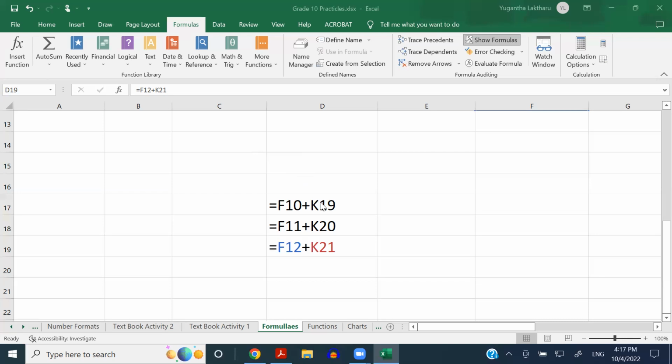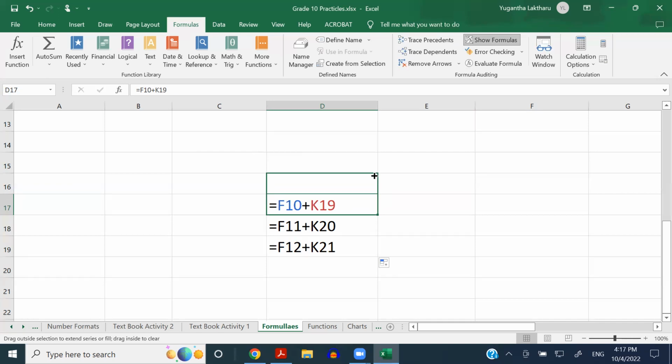Okay. And the exact opposite is going to happen when you are copying upward in the same column, right? Since this is F10 plus K19, if I copy it upwards, column headers are not going to change. That means letters are not going to change.